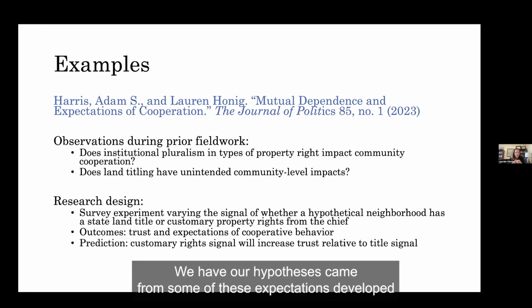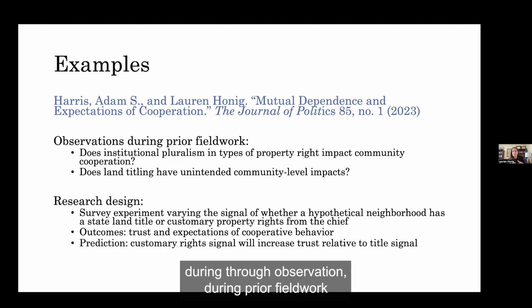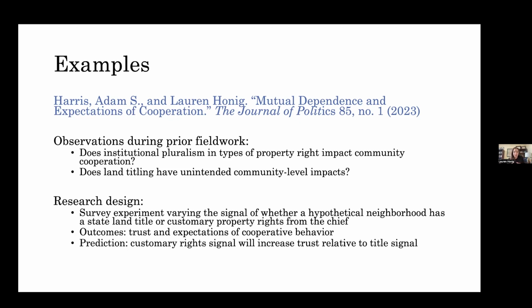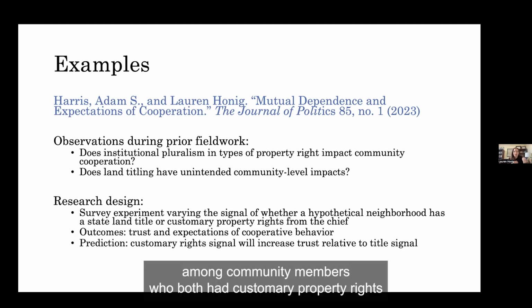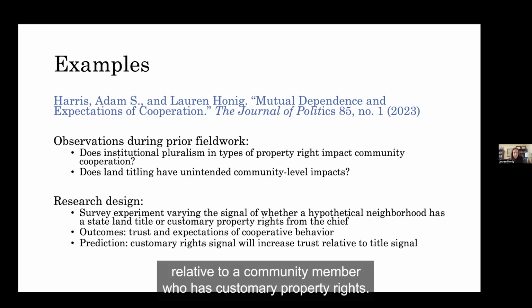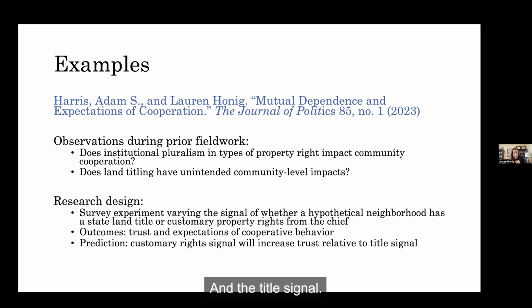And we have a prediction. Our hypotheses came from some of these expectations developed through observation during prior field work, that the customary property rights signal would increase trust among community members who both had customary property rights relative to a community member who has customary property rights and the title signal.